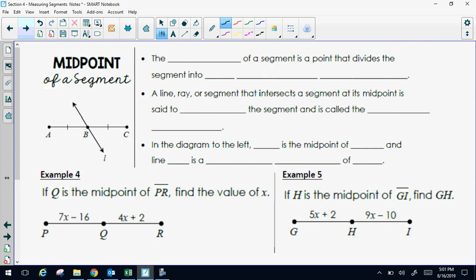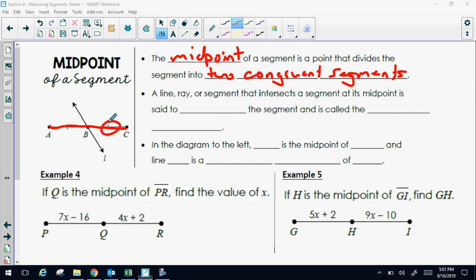Okay, a midpoint. So the midpoint of a segment is a point that divides the segment into two congruent segments. If you notice here on AC, how you see these two tick marks, that tells me that AB is congruent to BC.